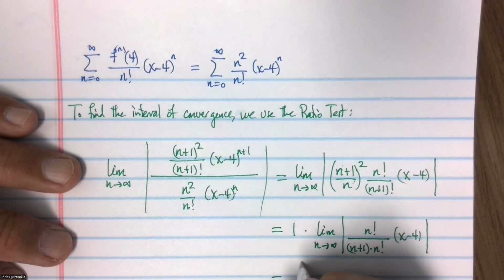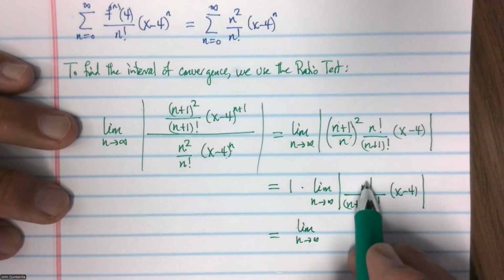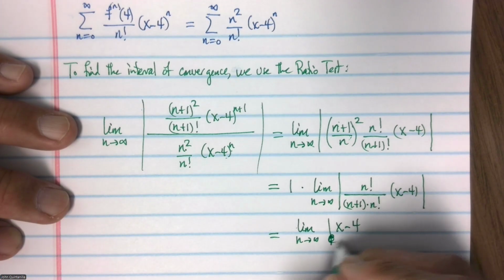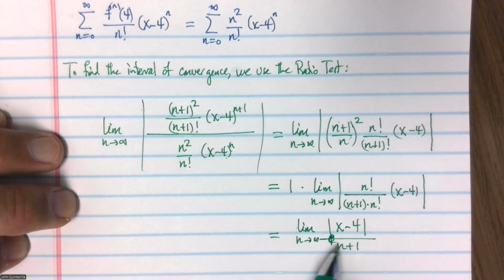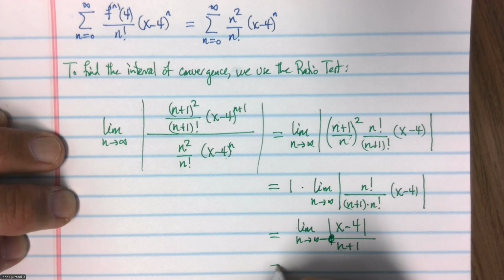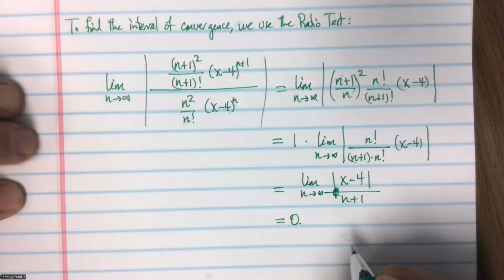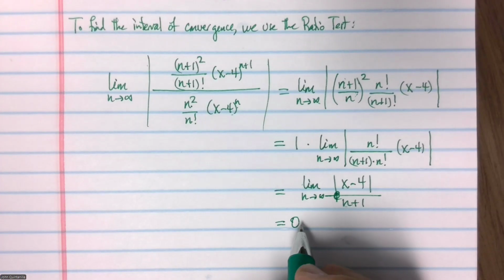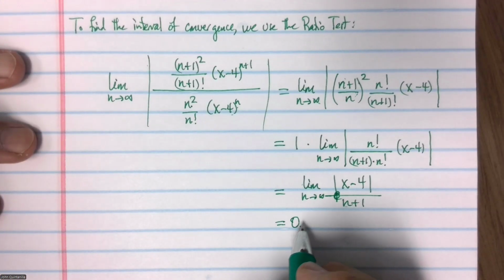So this is equal to the limit as n goes to infinity, the n factorials cancel, and I end up with the absolute value of x - 4 over n + 1. And no matter what x is, the denominator blows up, and so this is equal to 0. So most importantly, this limit is always less than 1. It is equal to 0.